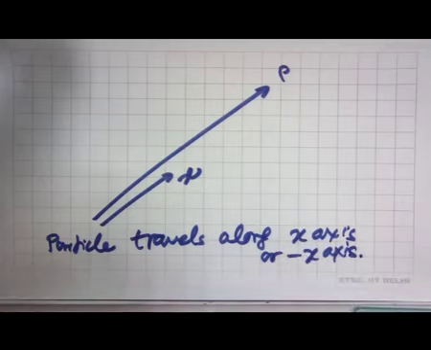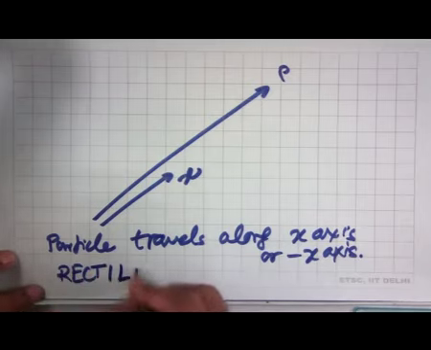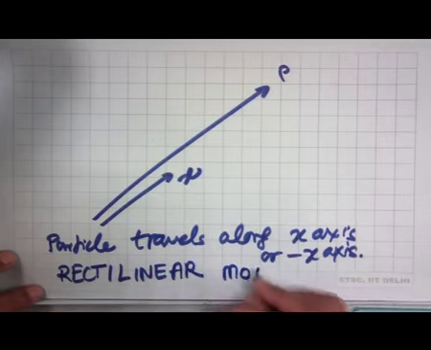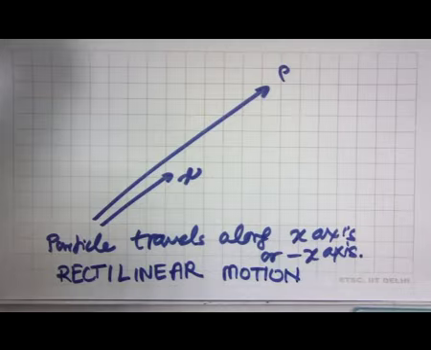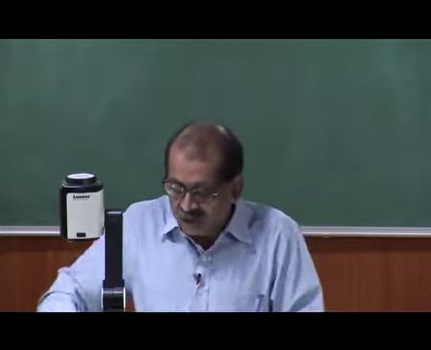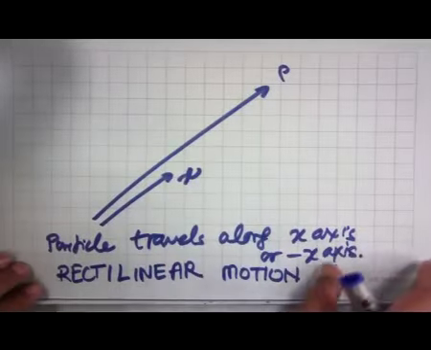So, we will tilt, and this is called rectilinear motion, as opposed to curved or planar motion, which will come if the particle is, let us say, going along a curved path.